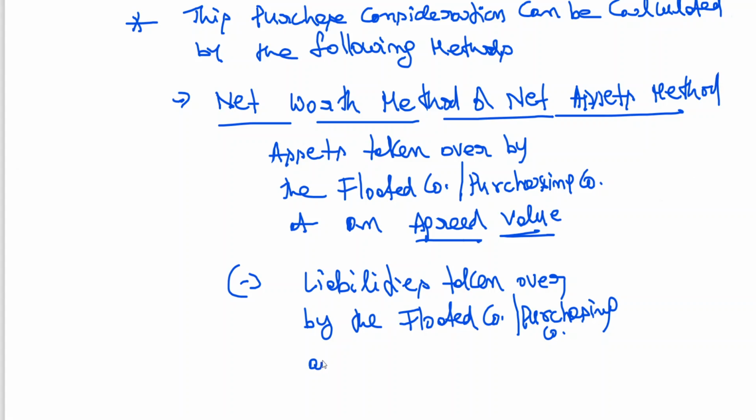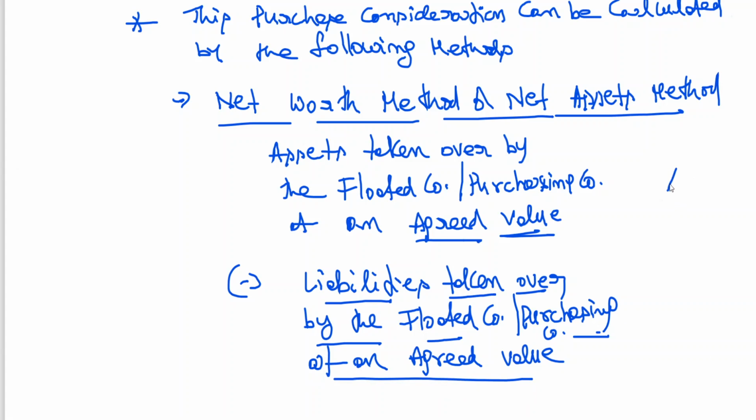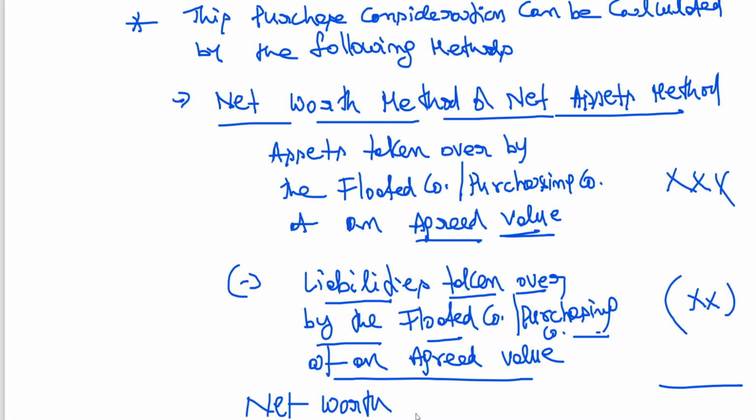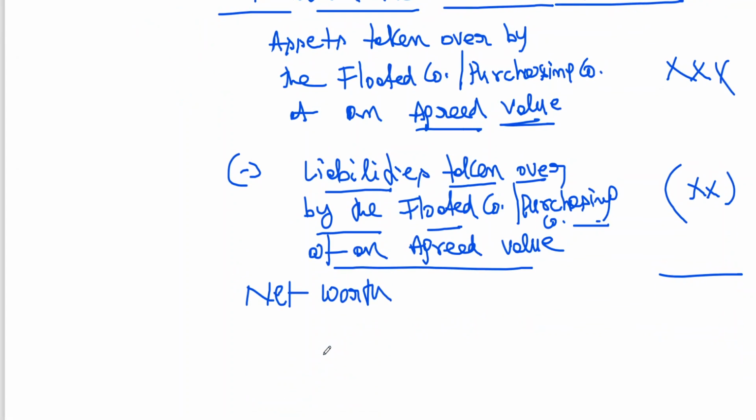This is also at an agreed value: liabilities taken over by the purchasing company, or floated company. So this is what is called net worth or net assets.